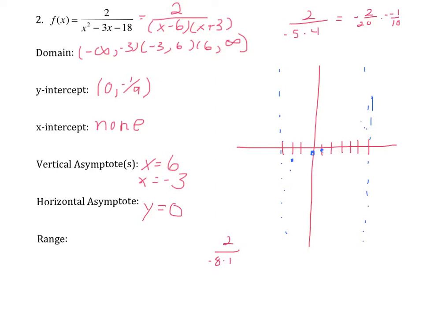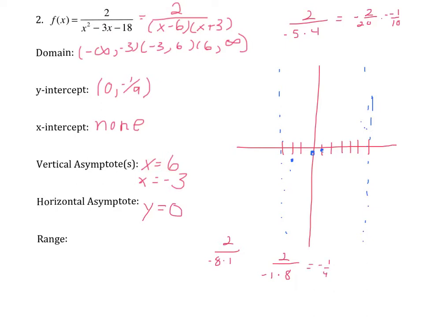It looks like what this graph is doing is rising up to make a sigmoidal shape, but just to check, let's plug in a number that is a little bit bigger, like maybe 5. If I plug in 5, I'm going to get 2 over negative 1 times 8, and that's negative 1/4 as well.